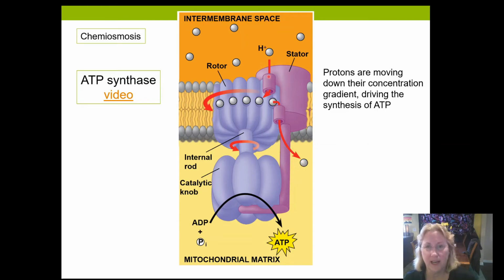And as these hydrogen ions flow down their concentration gradient, they force the rotation of this molecule, and that energy is what is used to phosphorylate ADP. So we have ADP plus inorganic phosphate turned into ATP, which has more potential energy than these together. So the energy goes from electrons to a proton gradient to ATP.